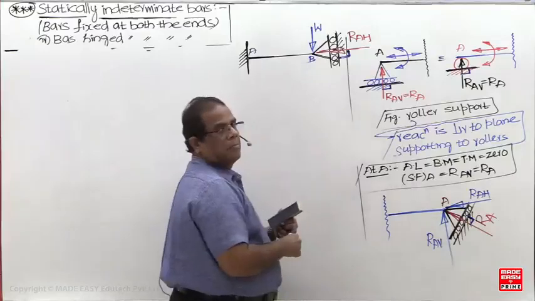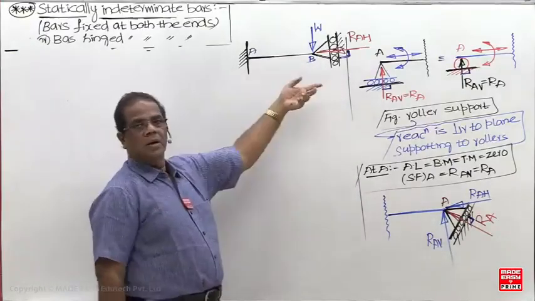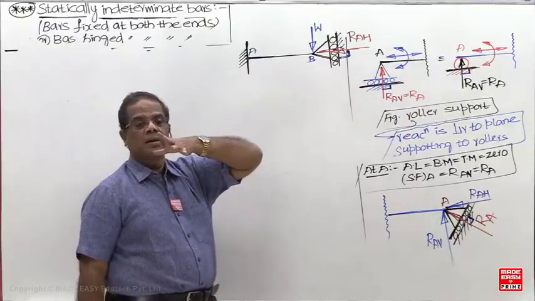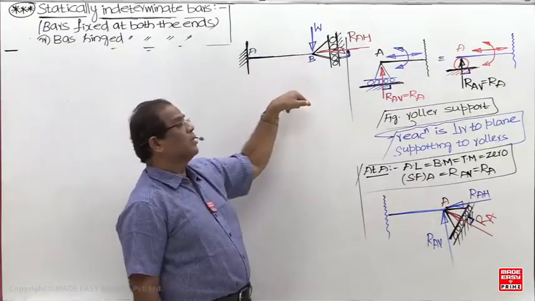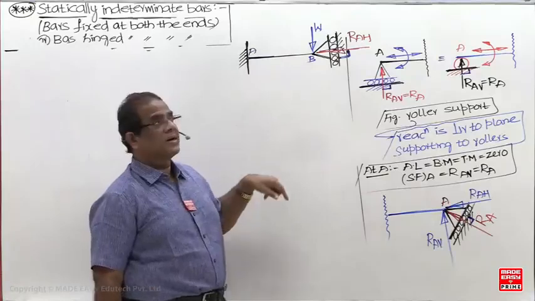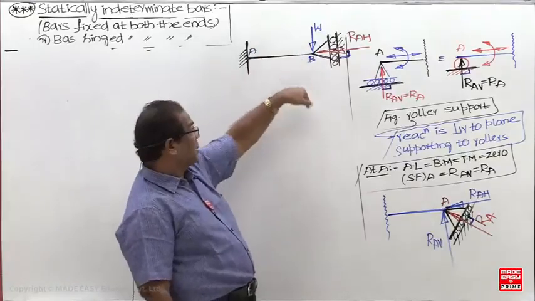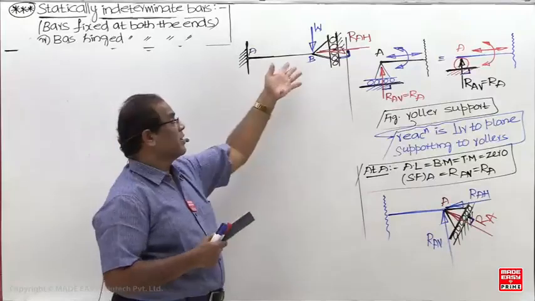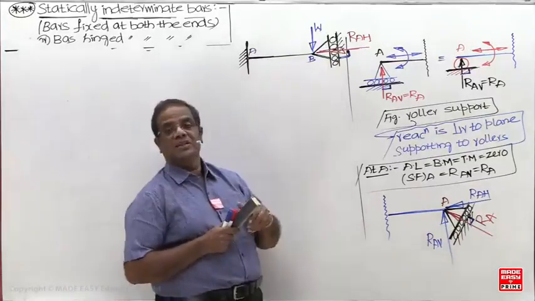But what if the reaction is zero? There is no use of the support here. Now, vertical motion is permitted or restricted? Permitted. No downward load, no upward reaction. The vertical motion is permitted. So what is this reaction value? 0. If there is no axial load, this reaction is 0.